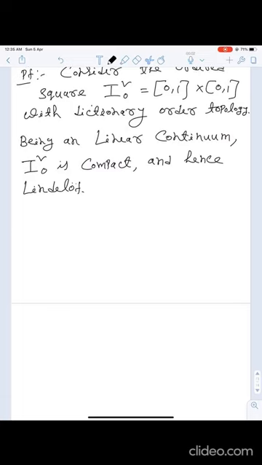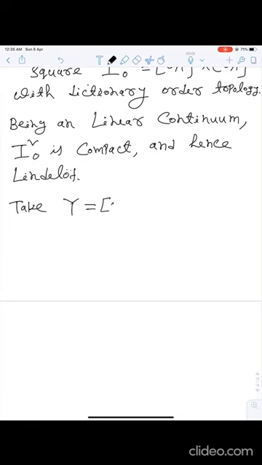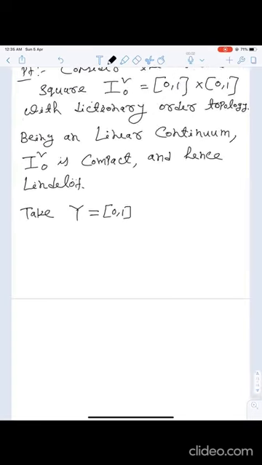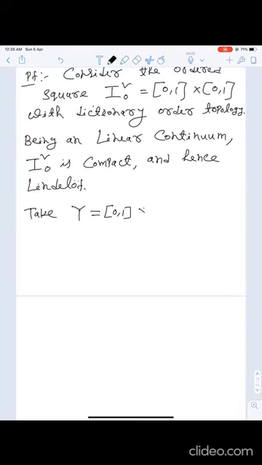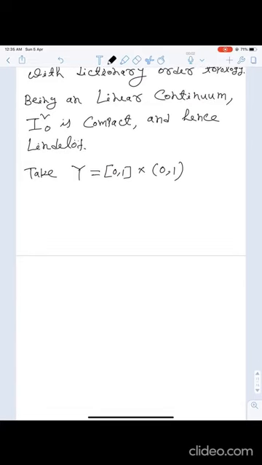Just take Y equal to the topological space [0, 1] cross open (0, 1). That means we have this order.